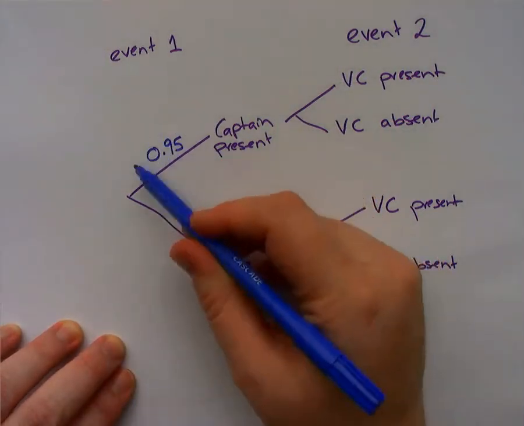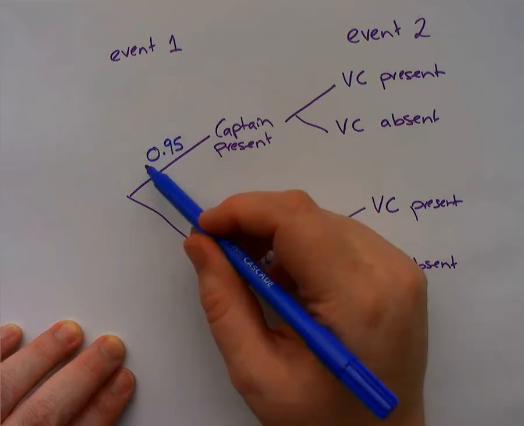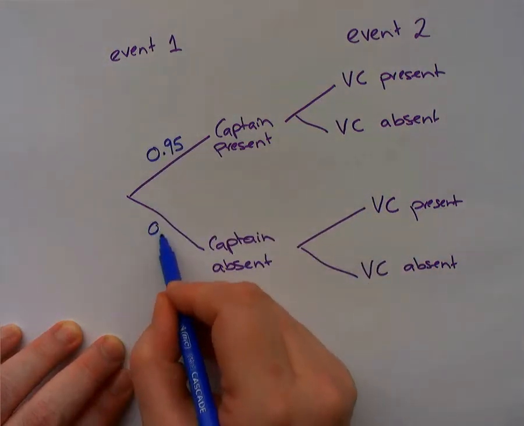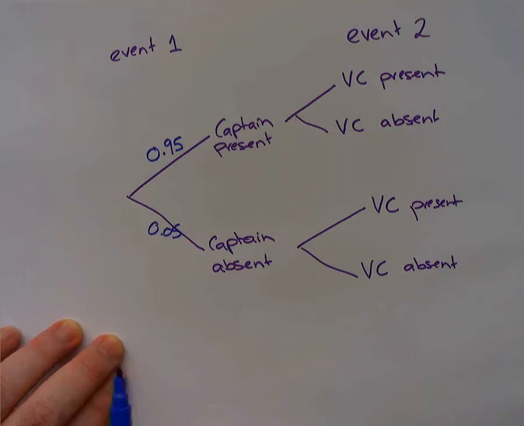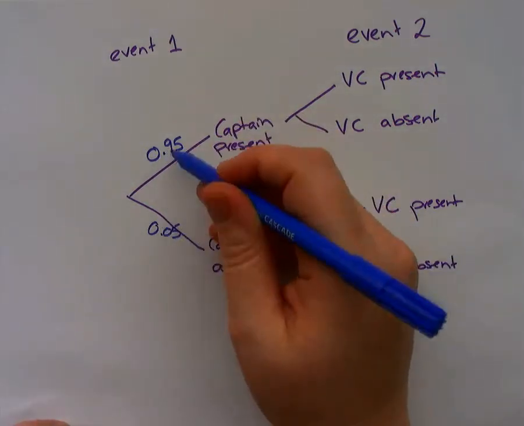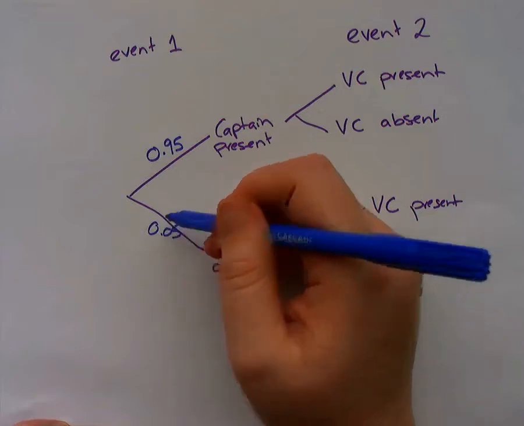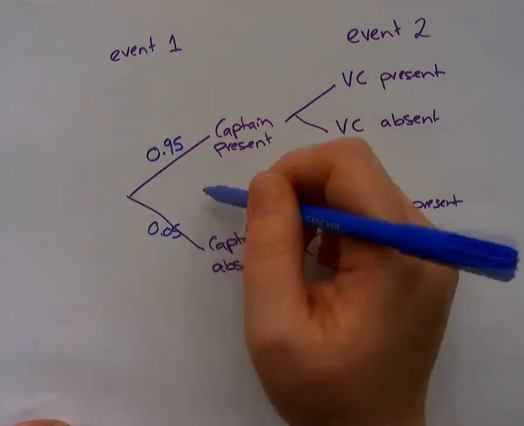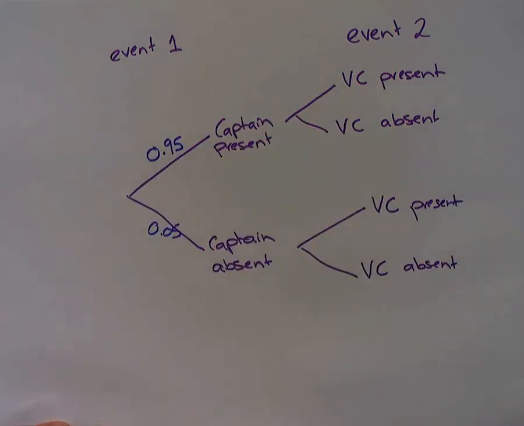Now, if the captain's there 95% of the time, then there'll be 5% of the time, or 0.05, that the captain is absent. These two numbers must add up to 1, because all probabilities have to add up to 100% or 1. Okay, so that's the first number dealt with.